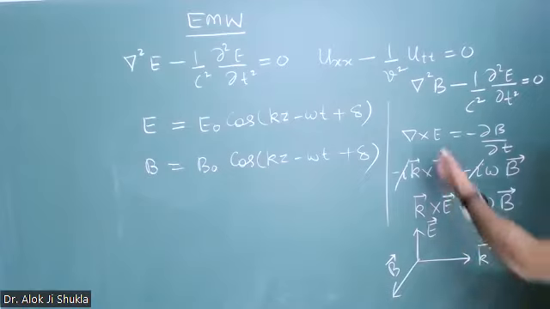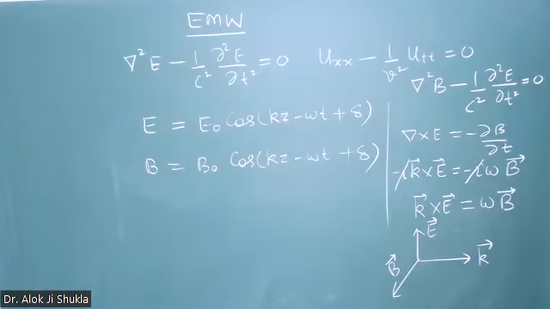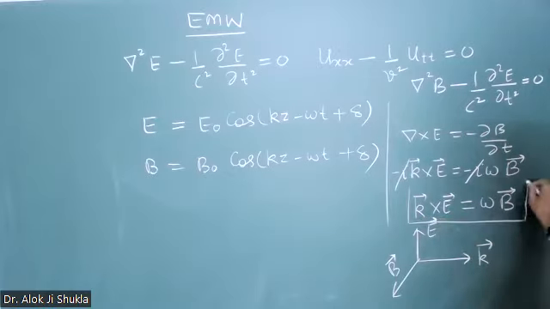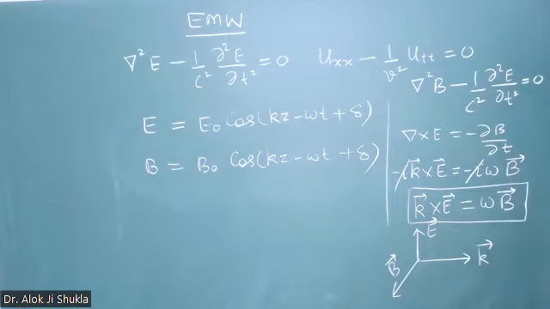So just by taking the Fourier transformation, you may get this: k cross E is equal to omega B. So this formula we can use for the plane waves. Whenever one quantity or two quantities are given, we can calculate the third one.